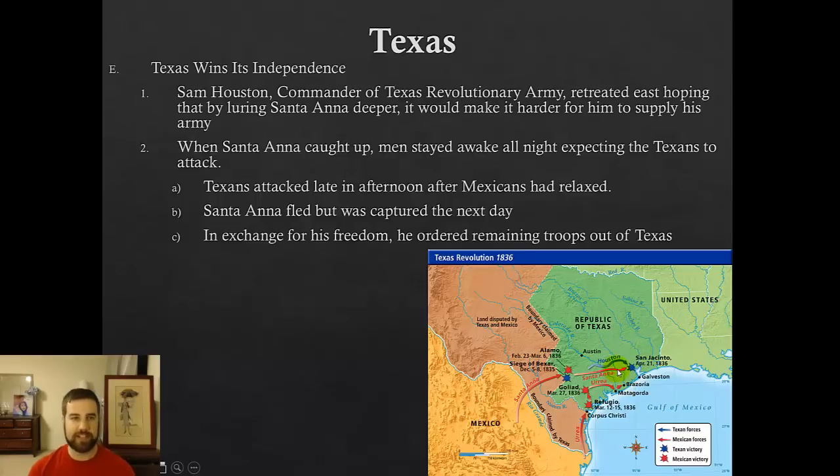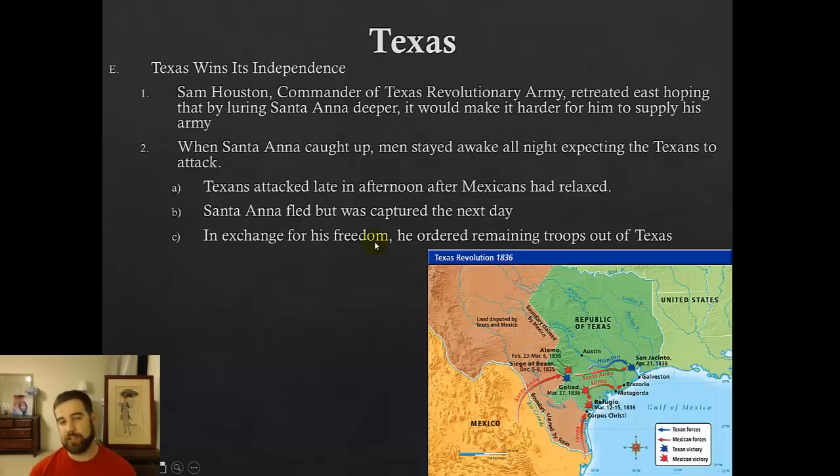And so when General Santa Anna finally caught up, they stayed up all night expecting an attack by Sam Houston. The next day, as the Mexican army was relaxed, taking a nap, Sam Houston is going to lead the army and attack at the Battle of San Jacinto, and that's going to lead to the Mexican army being routed, running away.